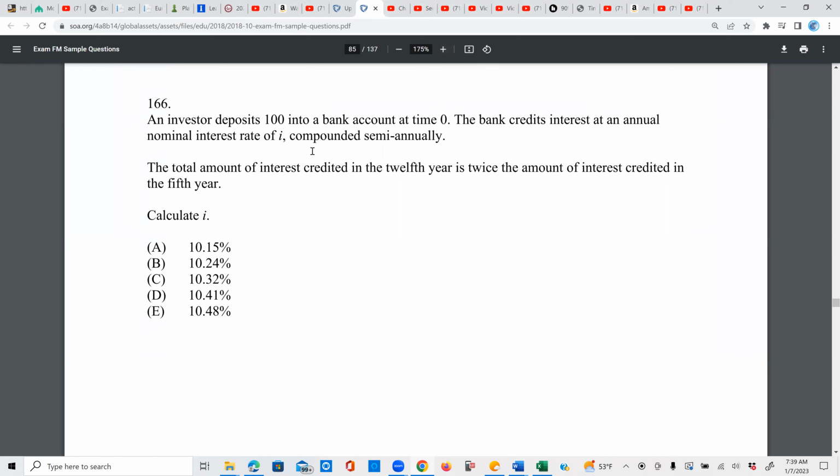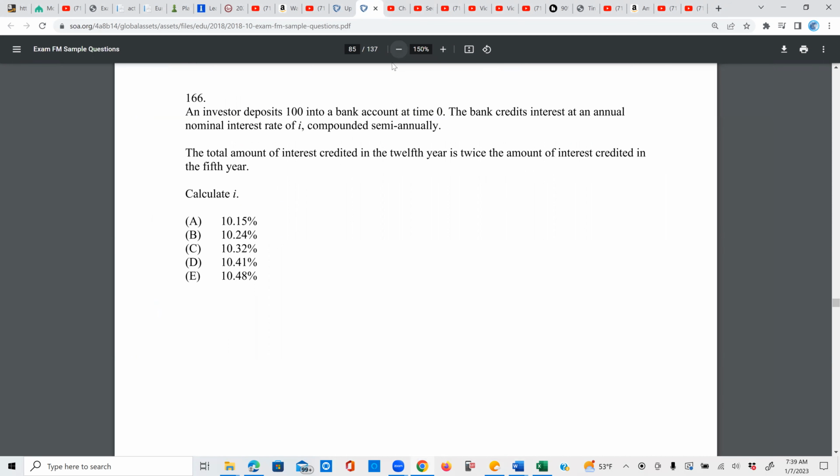An investor deposits 100 into a bank account at time 0. The bank credits annual nominal interest rate i compounded semi-annually. The total interest amount credited in the 12th year is twice the interest credited in the 5th year. Calculate i.